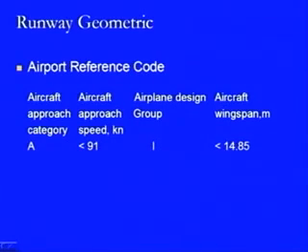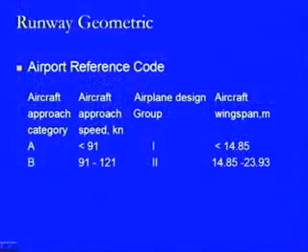If we talk about the A category of aircraft approach, then the approach speed is less than 91 kiloknots, the airplane design group is 1, and the aircraft wingspan is less than 14.85 meters. In the case of B, the speed varies from 91 to 121, the group is second, and the wingspan varies between 14.85 and 23.93.